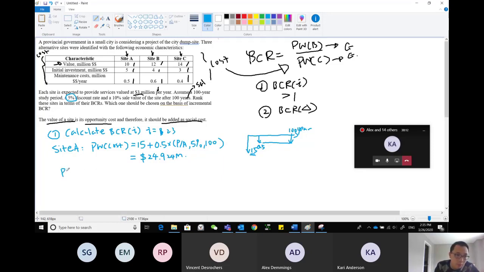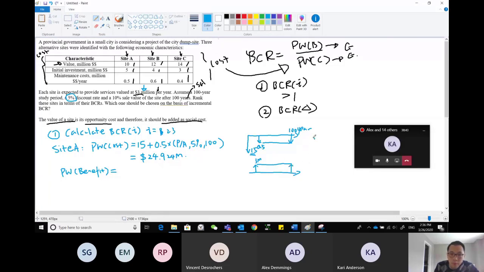So the benefits: the first benefit is the $3 million service value per year. If we draw the cash flow diagram, that will look like $3 million for 100 years.